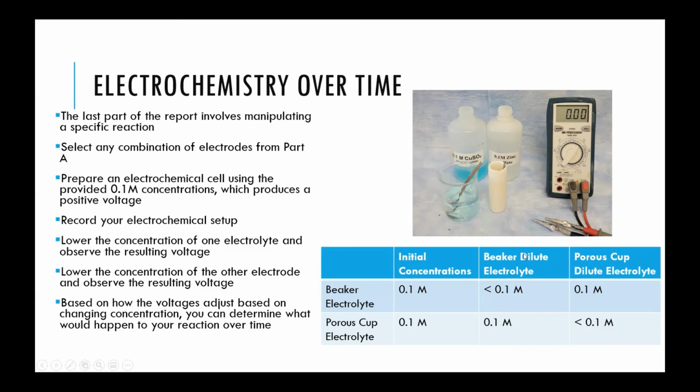In the experiment, you're then looking at when you do lower these concentrations separately, what happens to the overall voltage? Does it increase, decrease, or stay the same? And using that information, you can determine what will happen to the voltage of a chemical oxidation reduction reaction over time as it progresses.